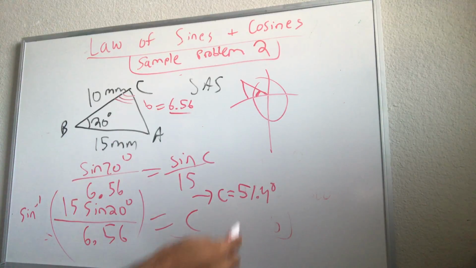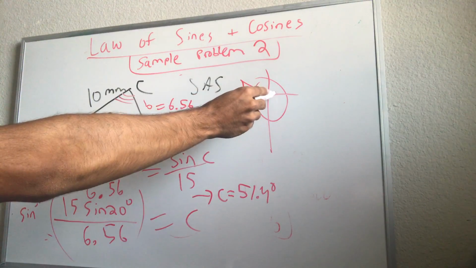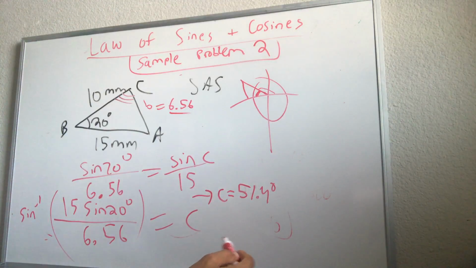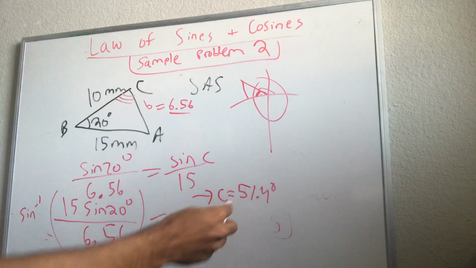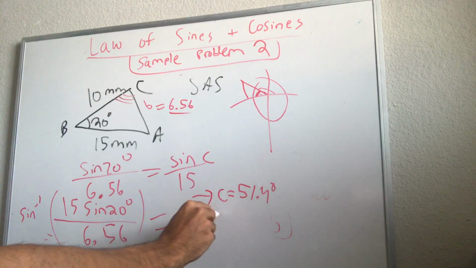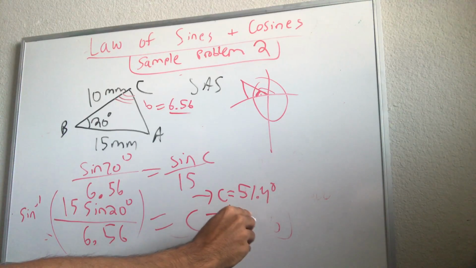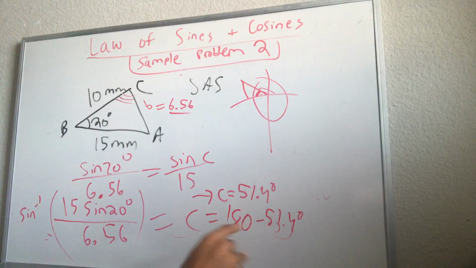So it's 180 minus this reference angle, and the sine of that particular angle should be equivalent to the sine of this angle, because this is the reference angle, 51.4 degrees. So to determine that obtuse angle, we're really just saying C is equal to 180 minus 51.4 degrees, right? Because this is an obtuse angle.